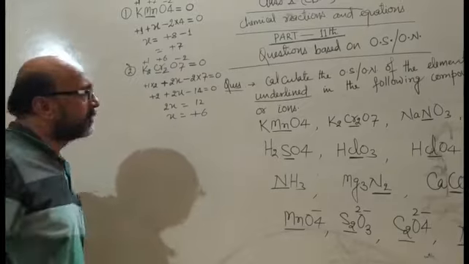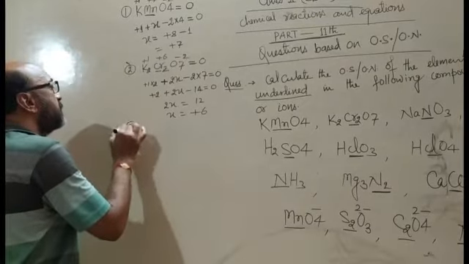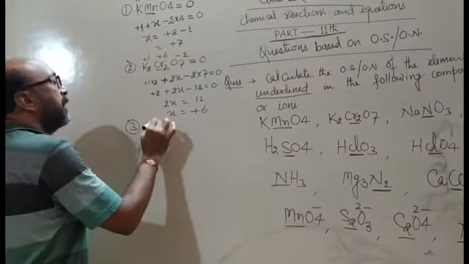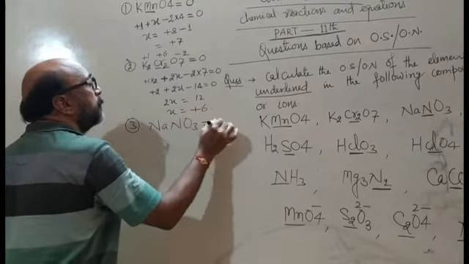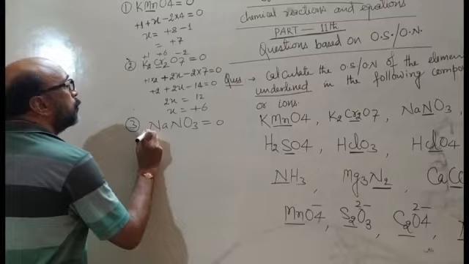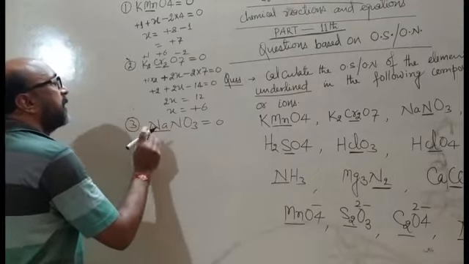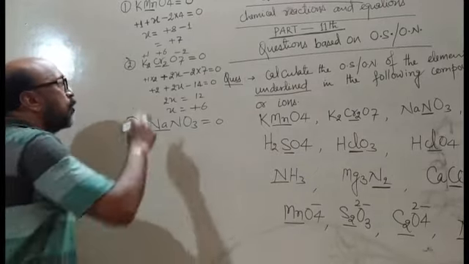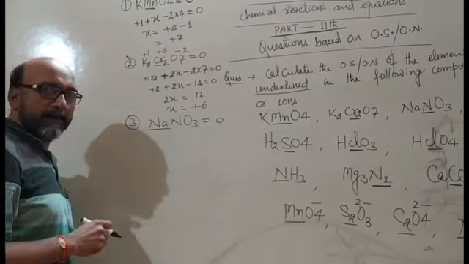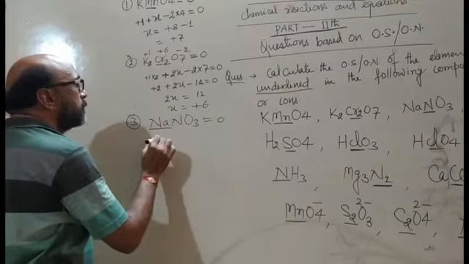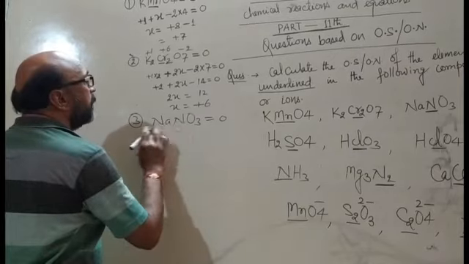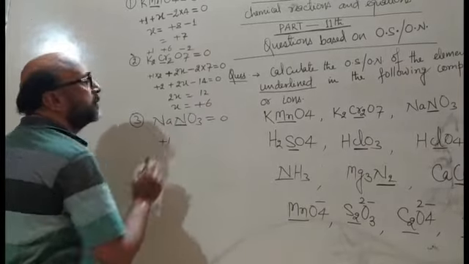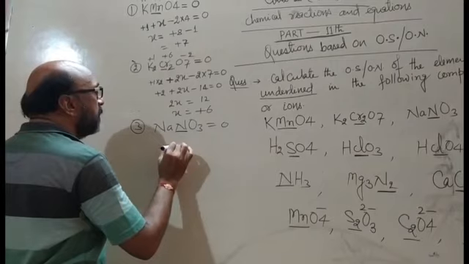Right. The third question is NaNO3. It is also a compound. Now, sodium is again an alkali metal. It belongs to the group of potassium. So we shall use +1 for sodium and we have to calculate the oxidation state of nitrogen here.